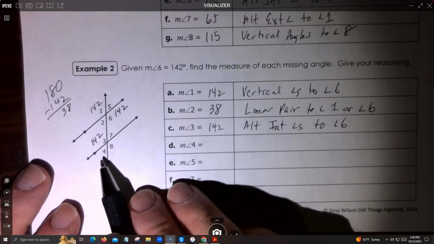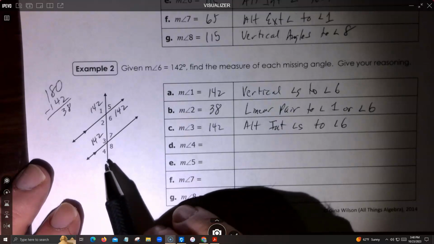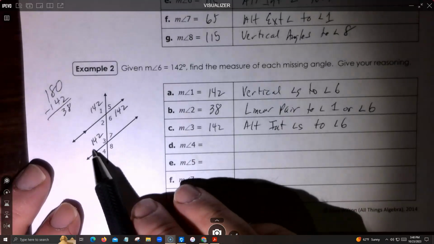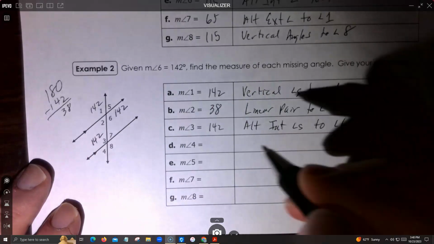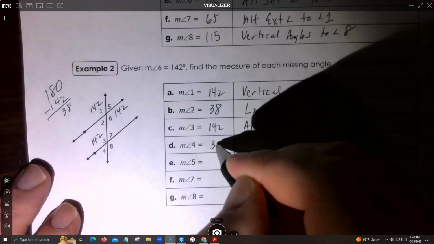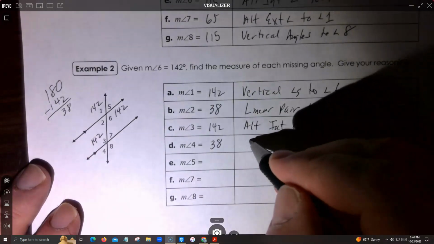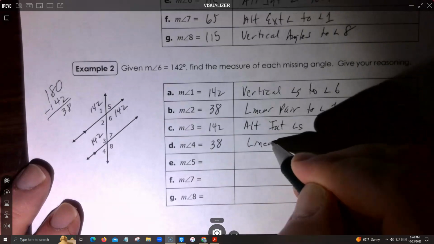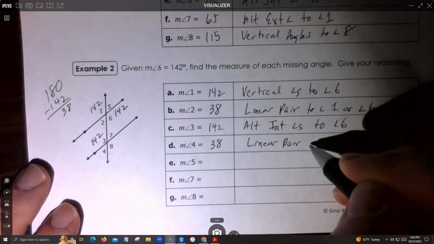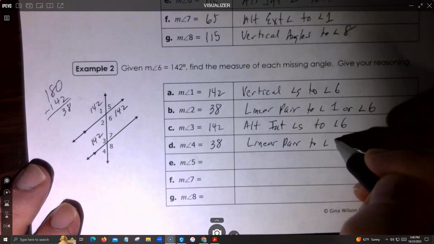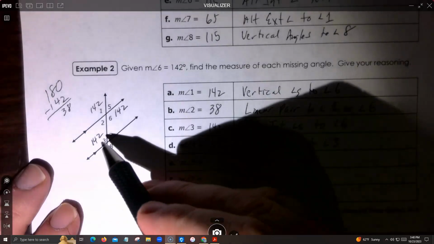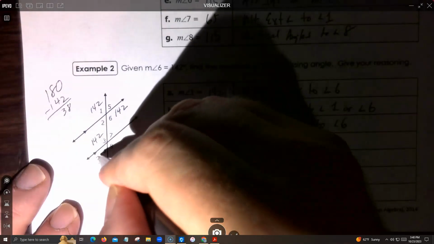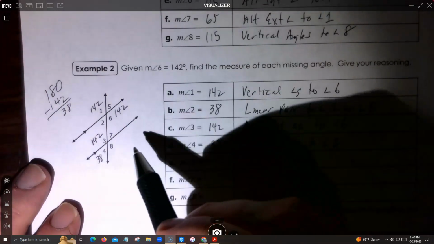All right, 4. Let's see. Based on the information I have, I'm going to say 4 is 38 because of a linear pair with angle 3. Okay, that's all I've written down here. This is now 38. Okay, angle 5.